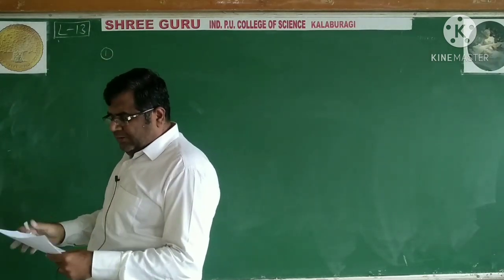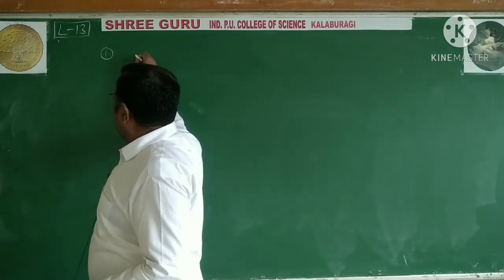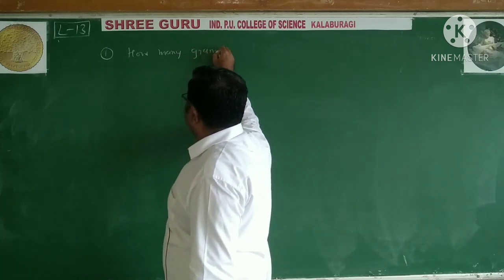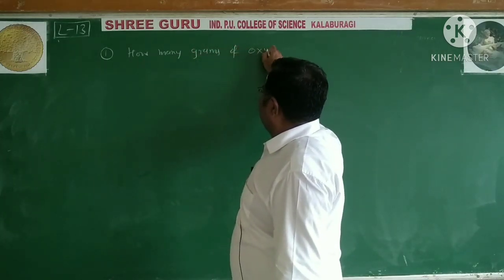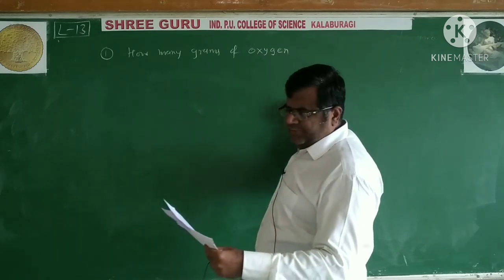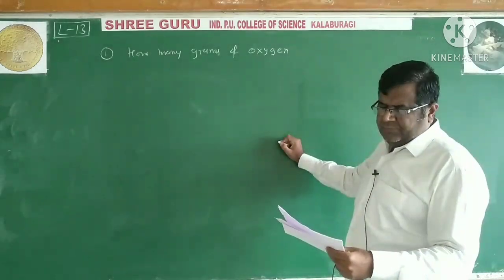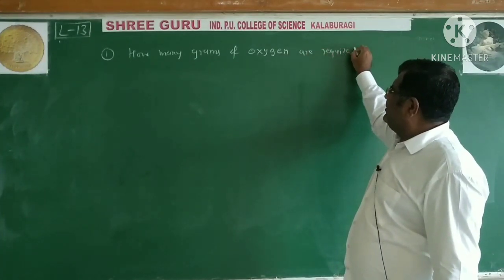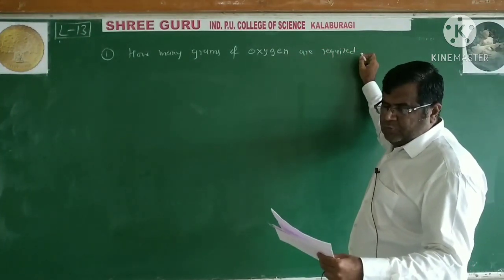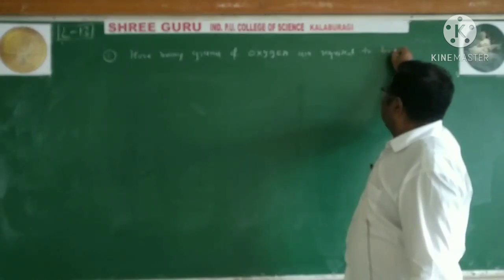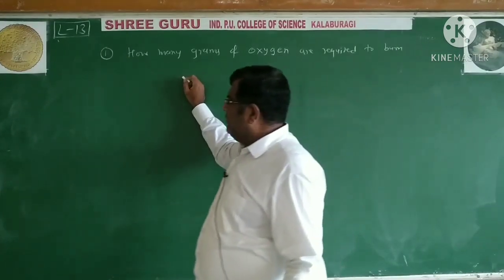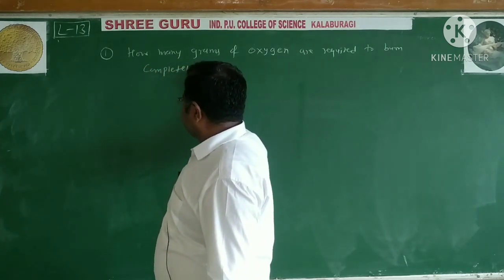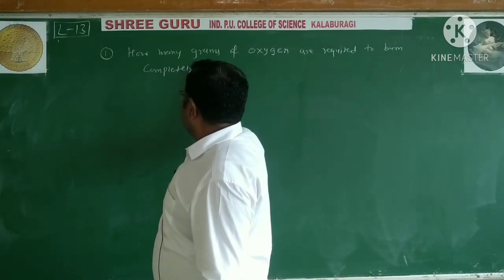So, question number 1: how many grams of oxygen are required to burn completely 570 gram of octane?